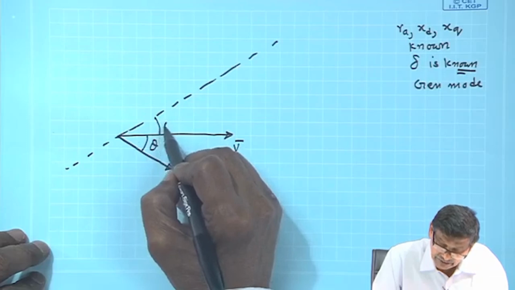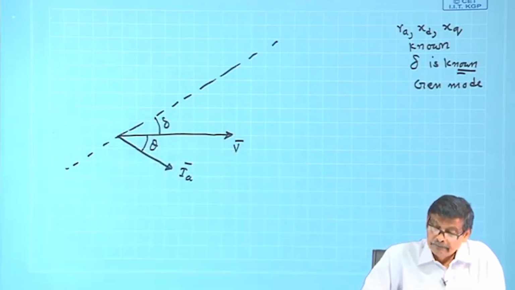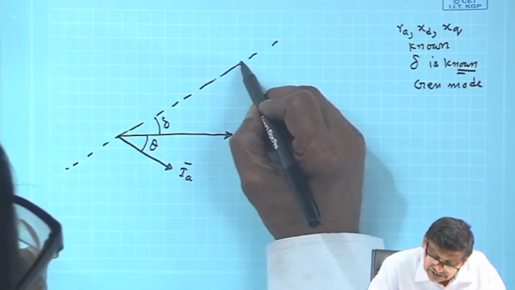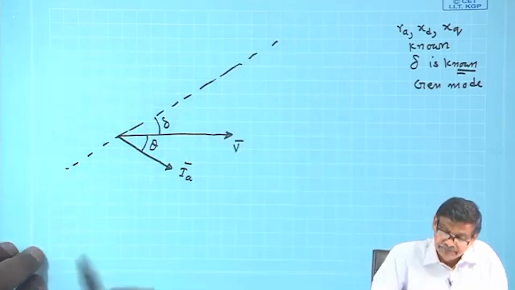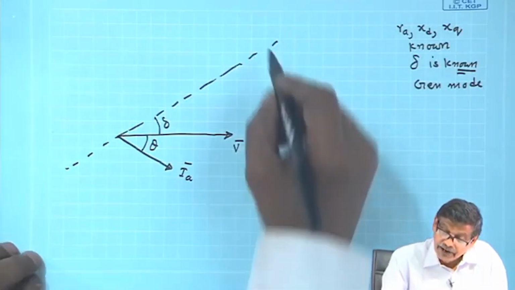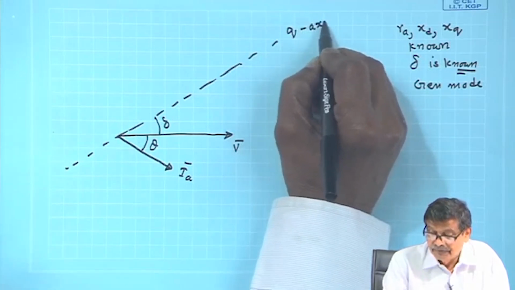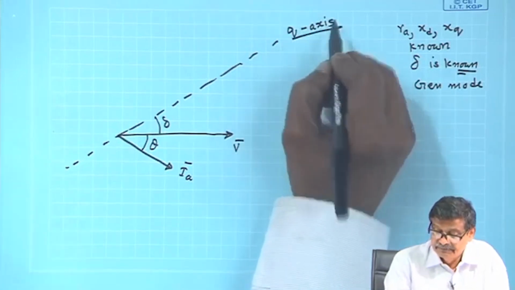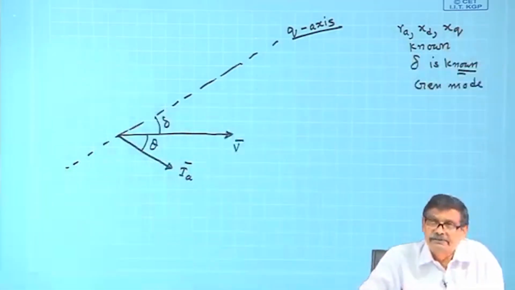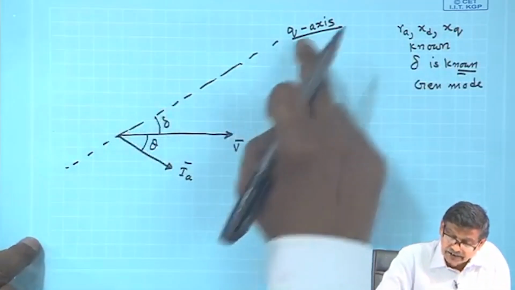Delta is known, so draw a line and write delta here. Of course, I do not know where Ef is, but the q axis is now known precisely. I know this is the q axis, Ef must lie along this line.